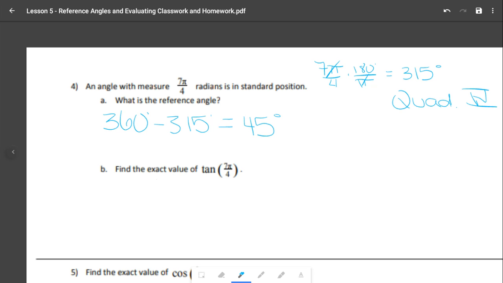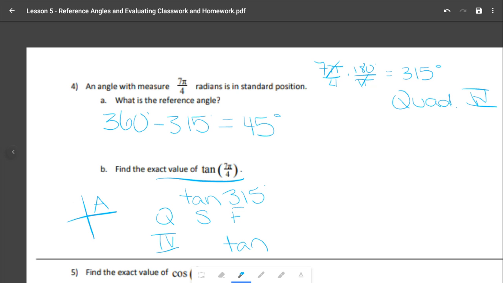Part B, what is the exact value of tangent of 7 pi over 4? So that's really tangent of 315. So same thing I did on the last question. Q, quadrant. We already said it's the fourth quadrant. SF, sine of our function. We are dealing with the tangent function. We use ASTC to find this out. So fourth quadrant, C, cosine.